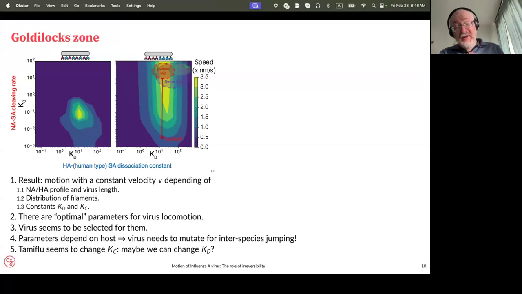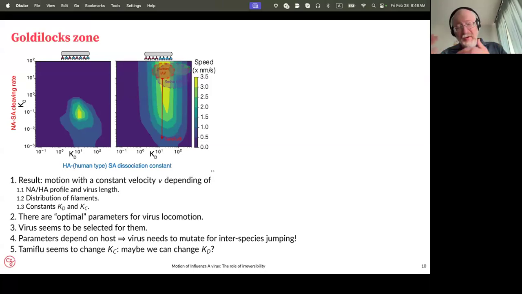And the interesting thing is that there is a sort of a Goldilocks zone. Here KD is a binding constant, Kc is a burning constant, and what you see is that if you bind too much, you are stuck. If you don't bind at all, you're stuck because you are basically a diffusive particle. And the same goes with the cleaving constant.